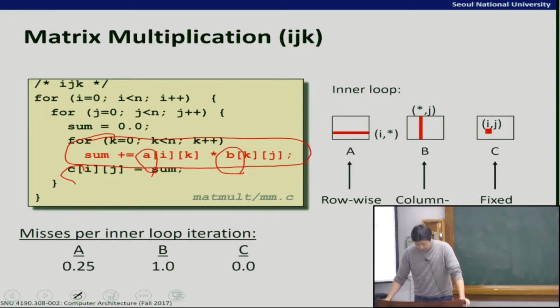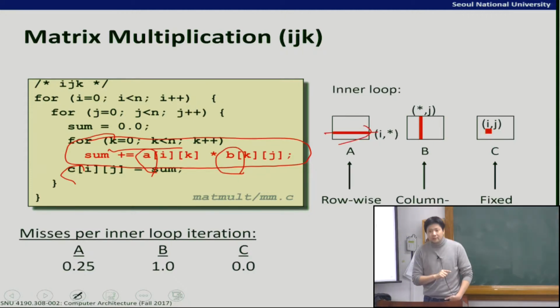Okay? So here is the access pattern. If you see the innermost loop, the A of ik will have this access pattern: you do nice consecutive row access. And the second, B, has a very poor access pattern, like this column access, right? Finally, this C is kind of fixed.